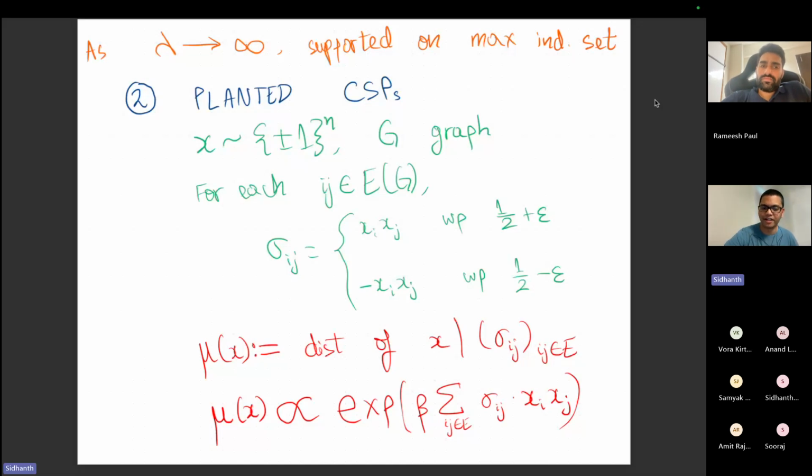A nice fact is that this posterior distribution of x has a nice succinct description, and I've given a formula for what it looks like. It's known as an Ising model, but if Ising model doesn't mean anything to you, don't worry about it, because you won't really need to know it for the rest of the talk.